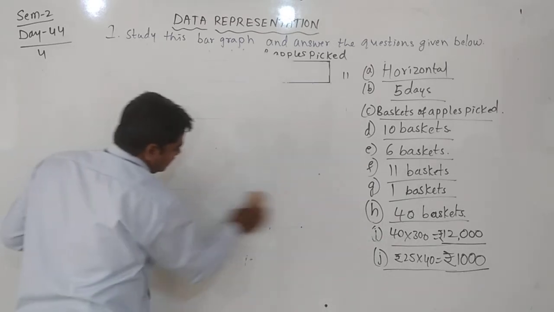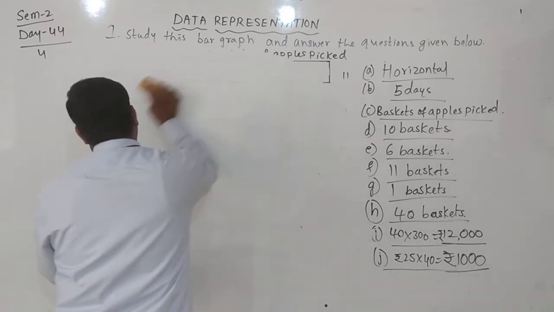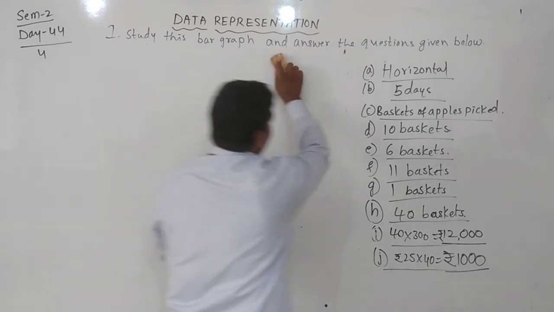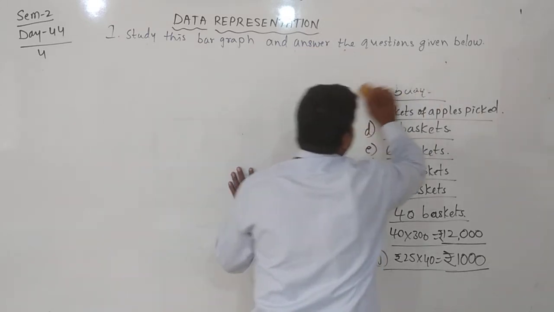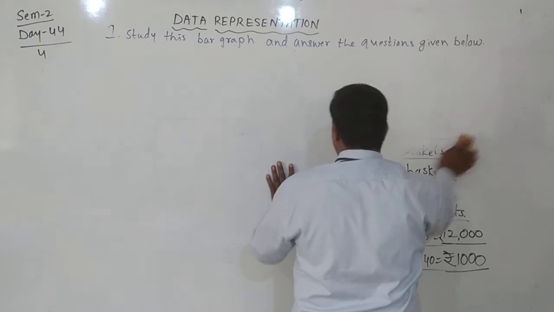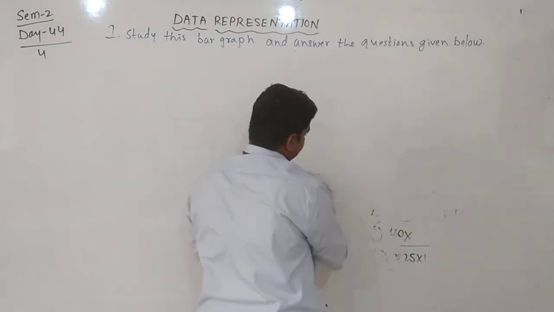Representing given data in the form of bars, that is a bar graph. Here we will draw the bar graph for the given data. Data is nothing but information. We learned in the 3rd standard that data means information.